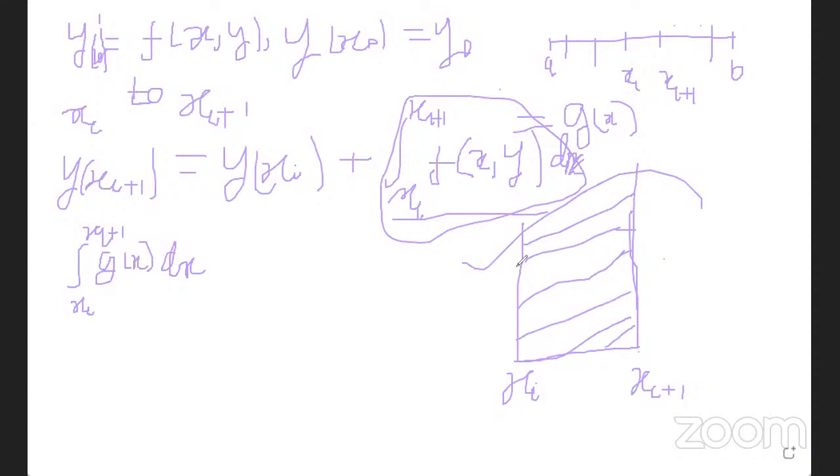And what is the problem? These are straight lines, the side straight lines, and these are also straight line sides. So which one is creating the problem here? This curve g(x) is creating the problem.